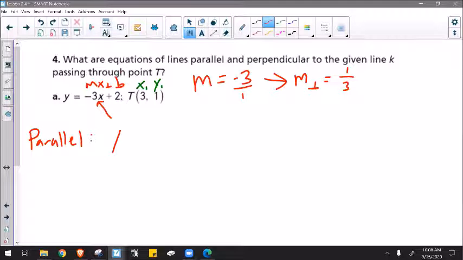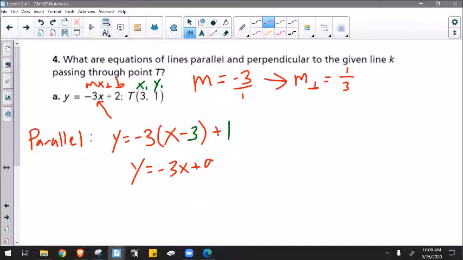So you're going to say y equals -3 times x minus x1, which in this case is a 3, plus 1. Right. And then if you wanted to simplify that, you're going to get y equals -3x plus 9 plus 1, which simplifies down to y equals -3x plus 10.